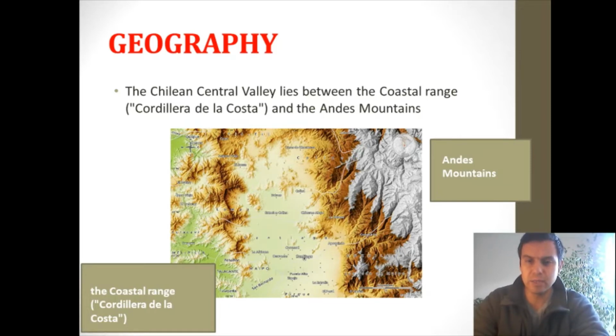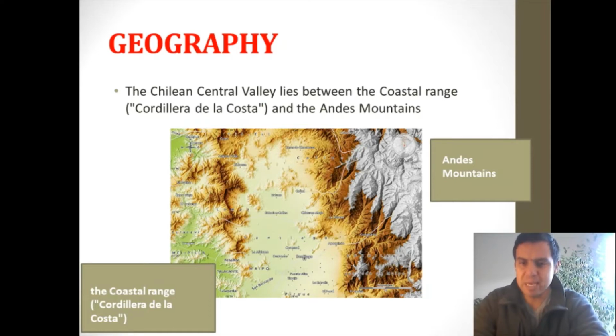Sorry, Santiago is here, and then you have the coastal range. So we have the coastal range, the flat area, which is the valley, the central valley where Santiago is, and then you have the Andes mountains. Okay, so that's a characteristic of this central zone of Chile.